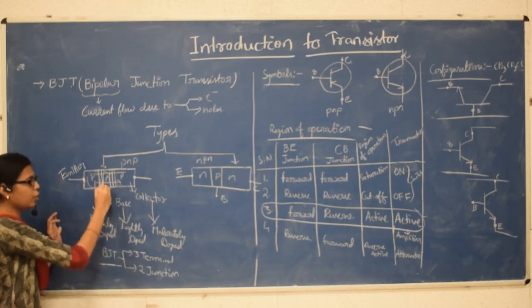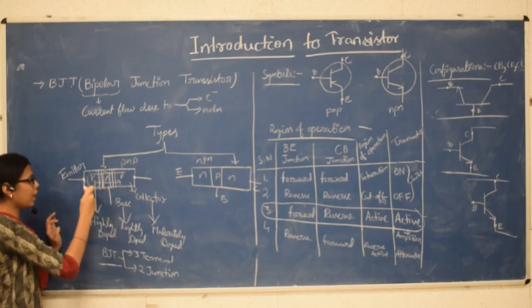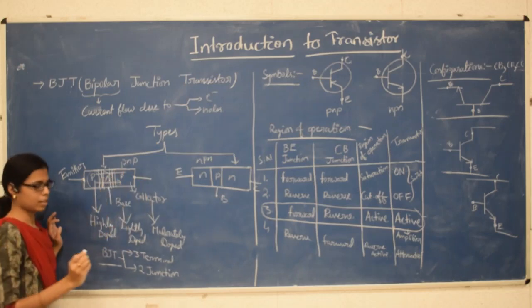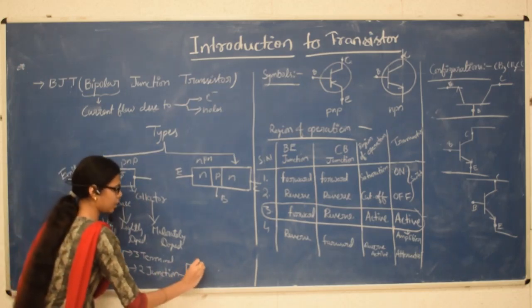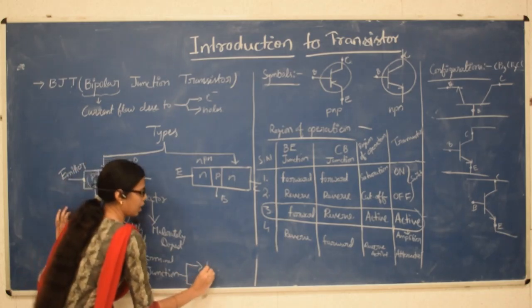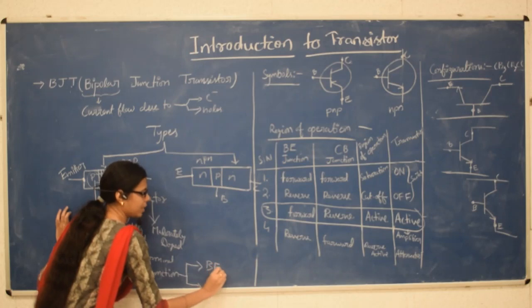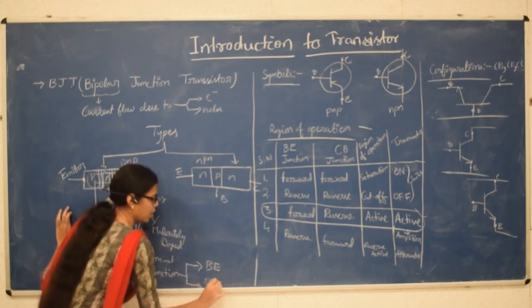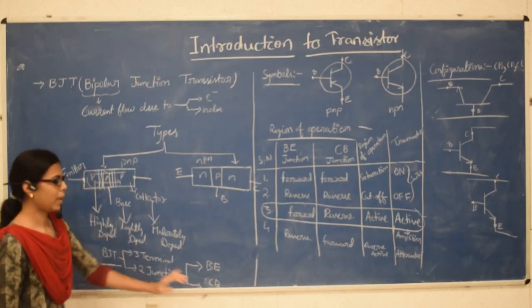and if you see here, there are totally 2 junctions. One is between emitter and base, and the second one is between base and collector. So here we will be having how many junctions? We will be having 2 junctions, that is the base emitter junction and the collector base junction.